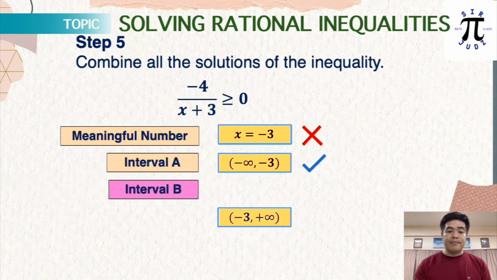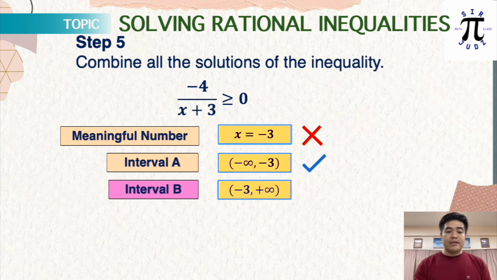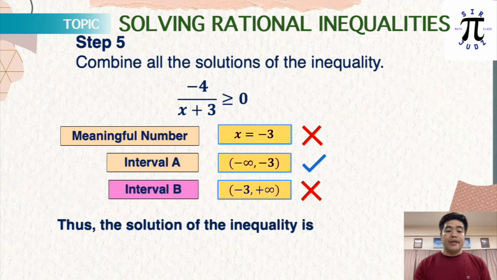And interval B, the numbers on the right of negative 3, or from negative 3 to positive infinity, excluded ang negative 3, is not a solution of our inequality. Thus, the solution of our inequality is negative 3 to negative infinity, excluded ang negative 3. Okay? Or all the numbers on the left of negative 3.